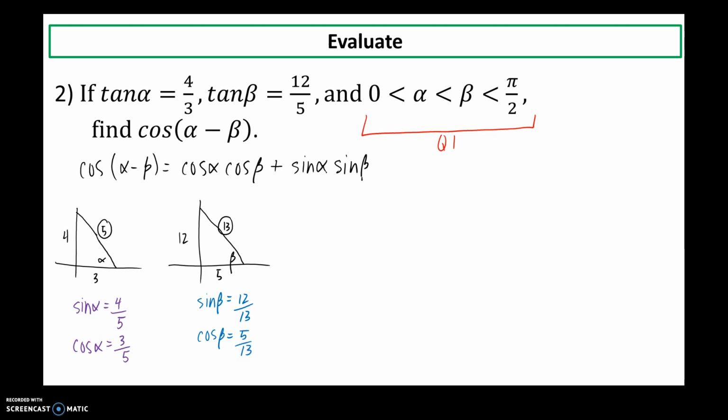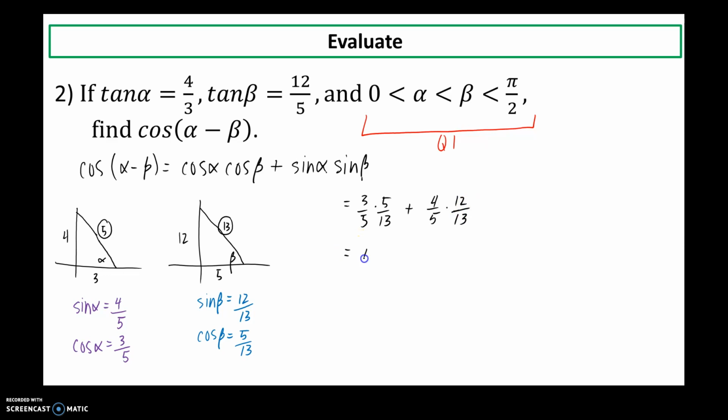So now that we have each of these relationships, I plug it into my sum identity. So cosine of alpha is 3/5 times cosine of beta is 5/13 plus sine of alpha is 4/5 times sine of beta is 12/13.